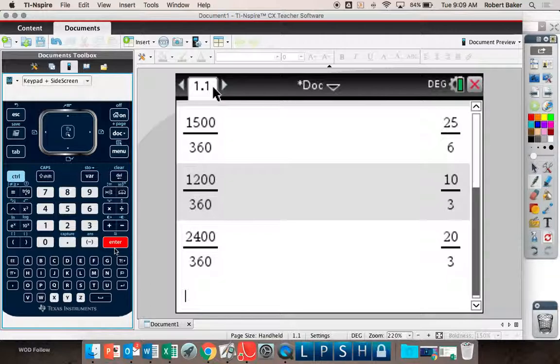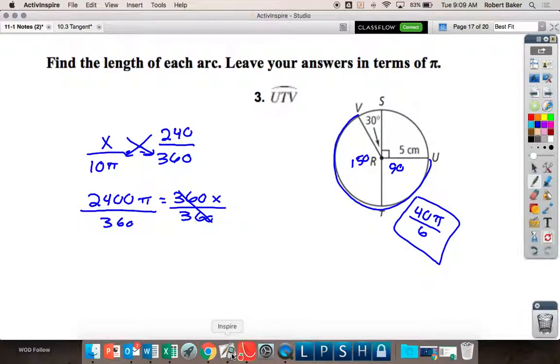If you double both of those numbers, what do you get? 40 pi over 6, which is the number that we got earlier. So the simplified version is 20 pi over 3. It's kind of a crummy example because they're all really nasty fractions, but oops, sorry, 20 pi over 3. Sorry.